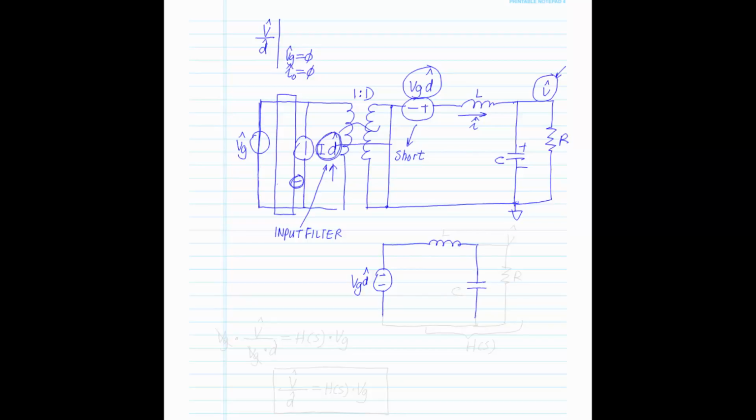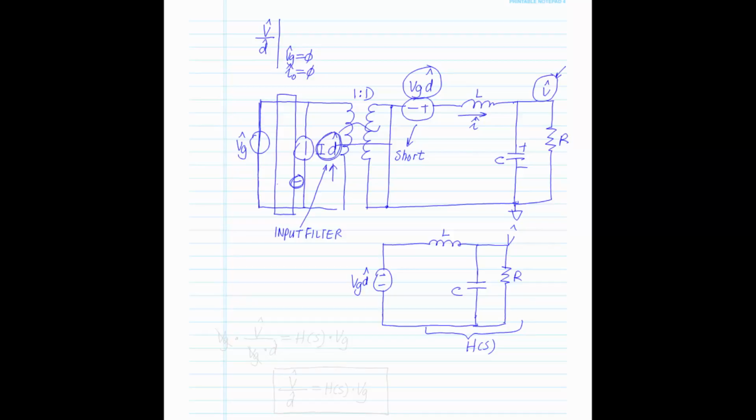And remember, we characterize the low pass filter as just some H of S, so we don't have to draw Z out divided by Z out plus ZS. We call that H of S. And to get your output to duty cycle here, VGD hat, that's just H of S again.